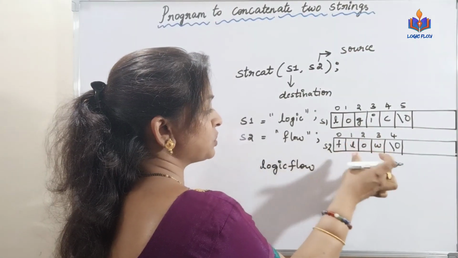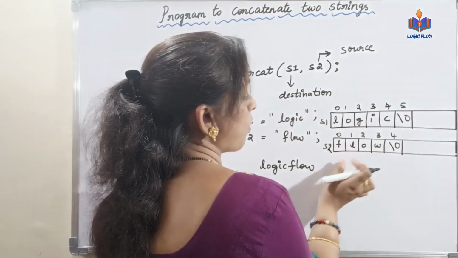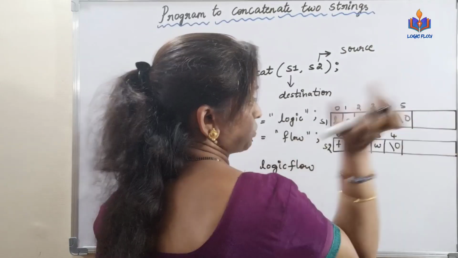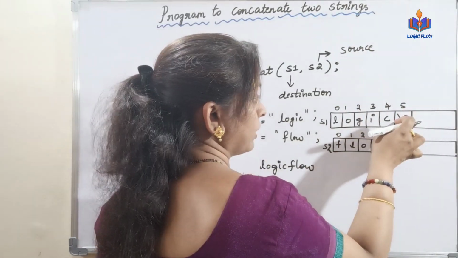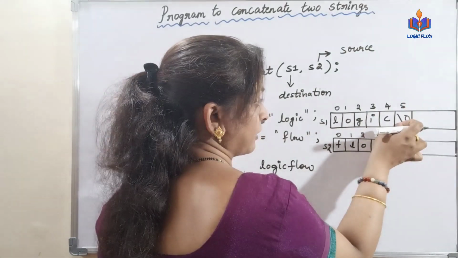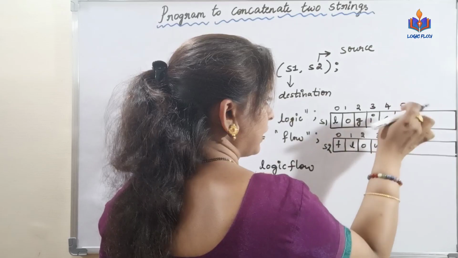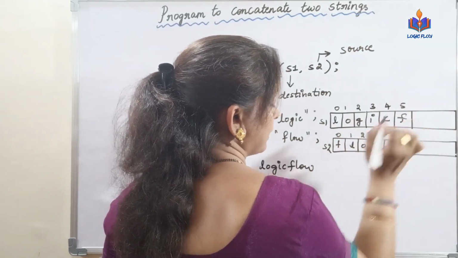So here the string 2 should be combined with string 1, meaning all these characters that I have in S2 should come to S1. When I say S2 characters are coming to S1, it should start from this null character. Right. So here what happens? In the place of the null character, the first character of string 2 will be placed.